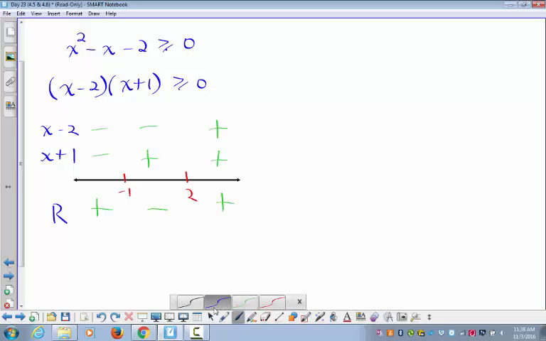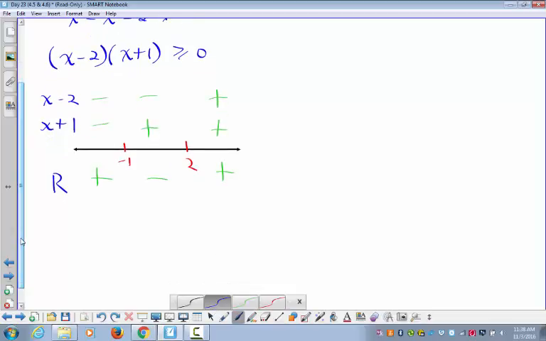Now here's where we have to do something a little different than the last one. This inequality is a compound inequality. It's greater than or equal to 0. So we have to treat it a little differently. So we certainly, for positive, we have these two regions. So we're going to go -infinity to -1. But instead of using a parenthesis to exclude -1, we have to use a bracket to include.